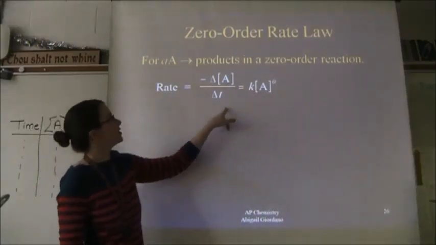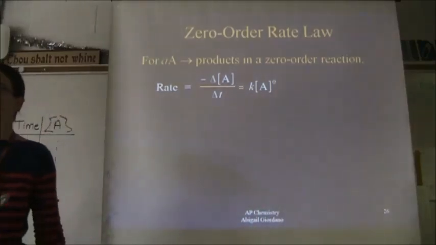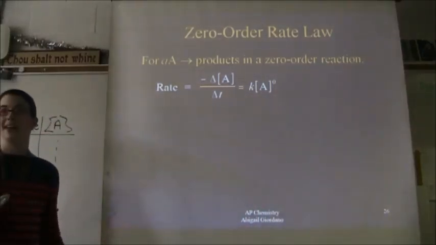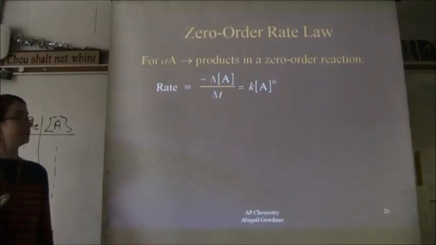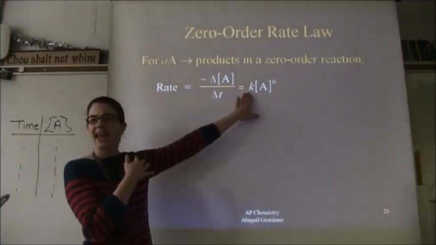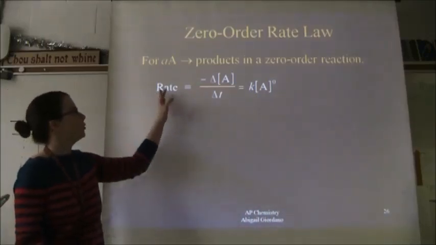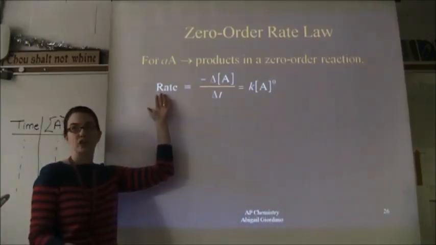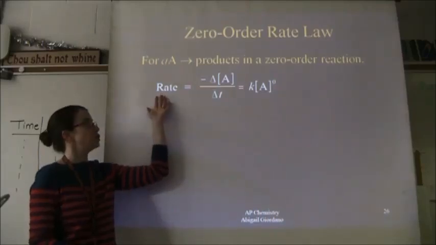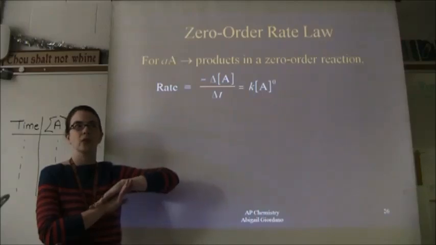How could I write this differentiated rate law a little simpler? Rate equals K. That's it. Remember what we said. K has different units for every problem, but the units for rate do not change. Do you remember from last class? What are the units for rates always?